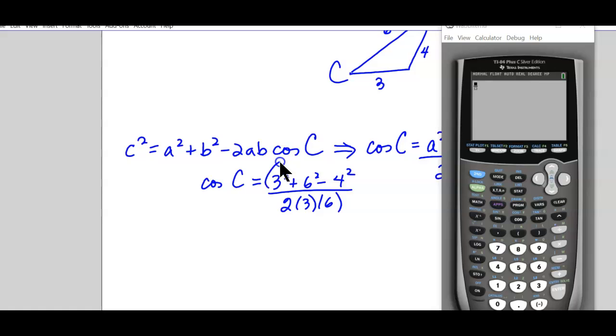If you don't have it, then make sure you put brackets around your numerator and denominator. Fraction form, doesn't really matter.